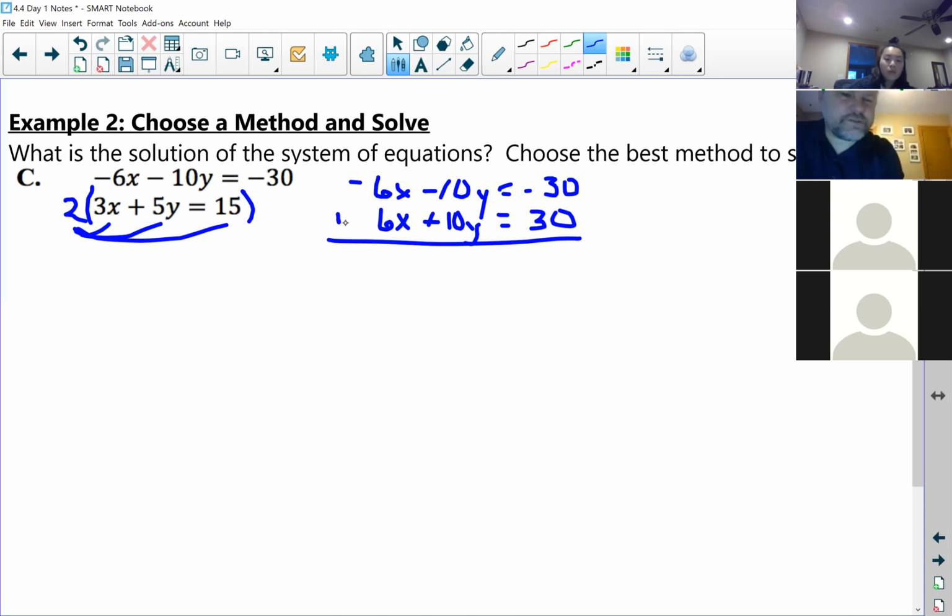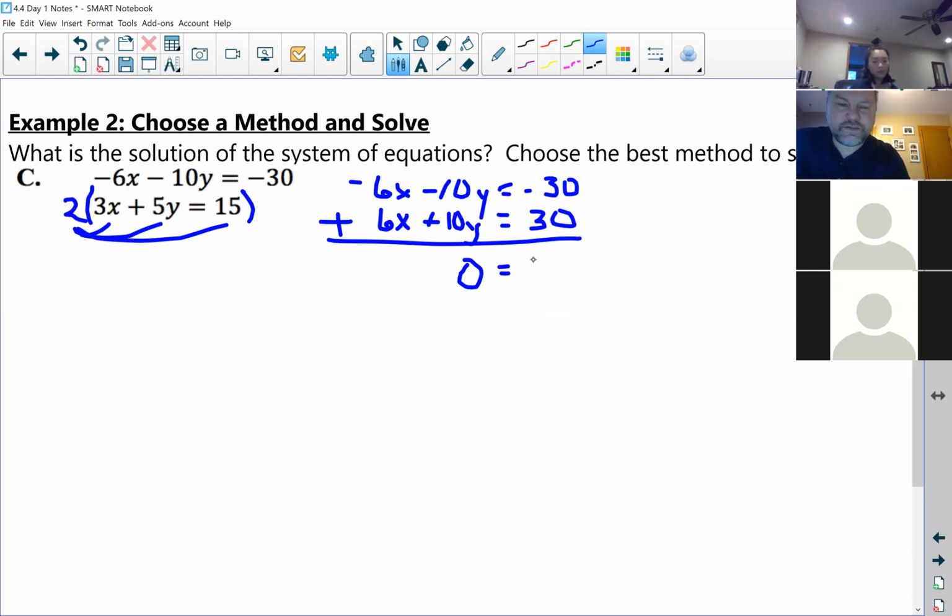Because we have opposites, we're going to add. Negative 6x plus 6x, that's 0. Negative 10y plus 10y, that's 0. So I have 0 here. When we use elimination, if we get 0 on the left-hand side, usually means we're going to get either no solution or infinitely many solutions.